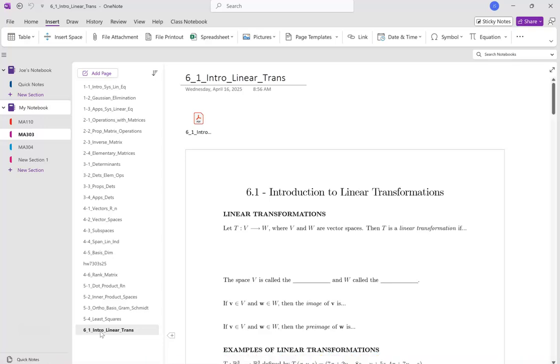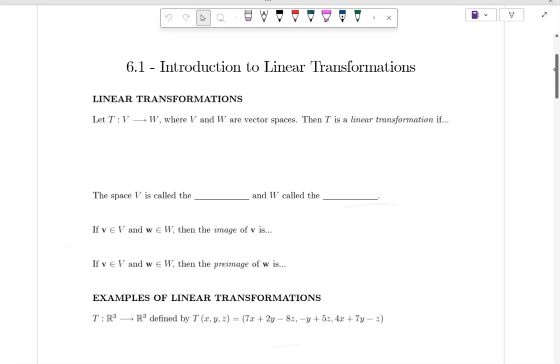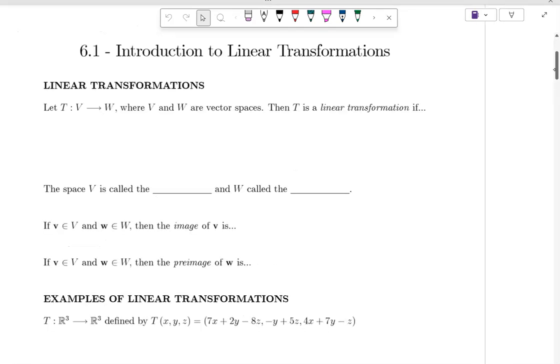To give one explicit example of why they are important, they pop up in computer graphics quite a bit. Well, transformations in general, but linear transformations are ones that pop up as trying to rotate things, trying to stretch things out, trying to shrink things. Those are kind of our linear transformations.